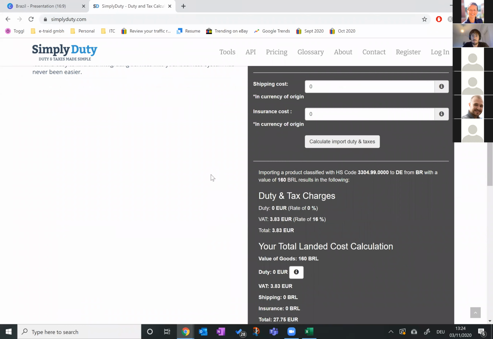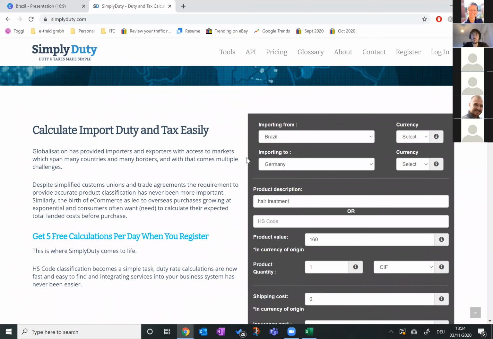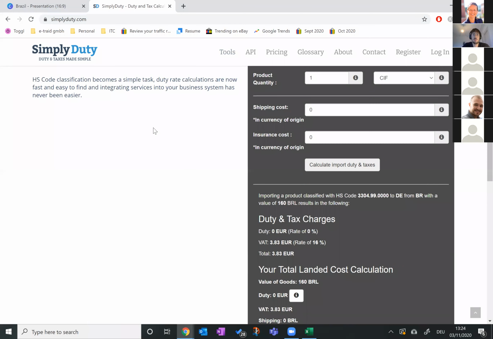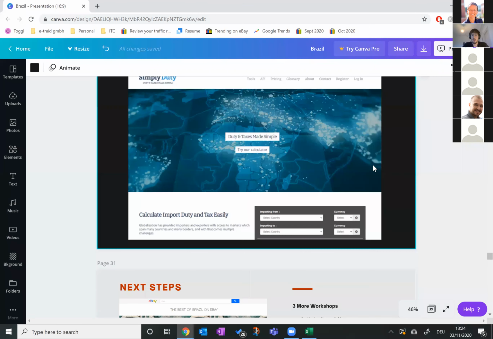And so I recommend you use that to get a sense of what import duties might be for individual countries. Not going to dwell too much on this one. I'll share the link with you as well in the chat.